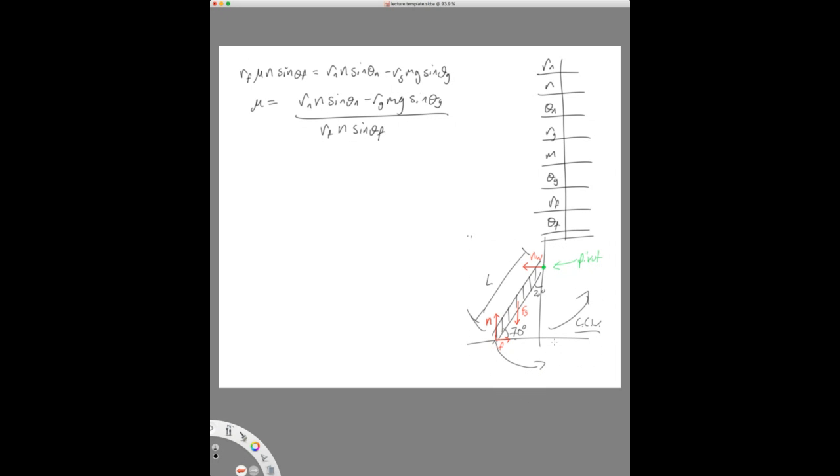So Rn, what is that exactly? Well, that would be the length of a vector that points from my pivot point to wherever the normal force is. So that would be Rn, that green vector that I just drew. That's just going to be the length of the ladder, which we know.